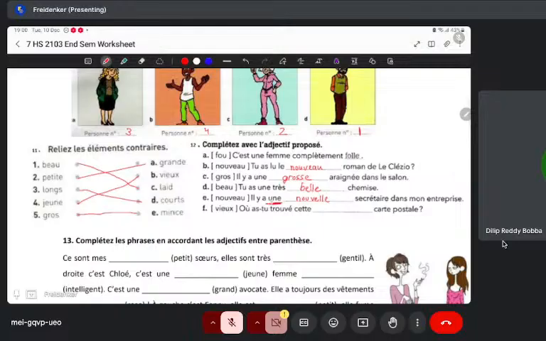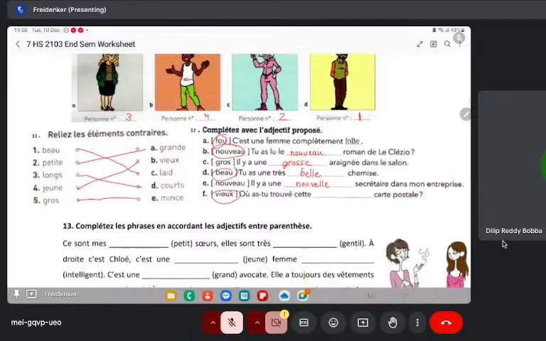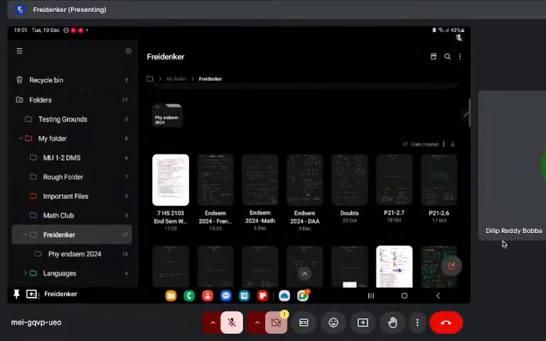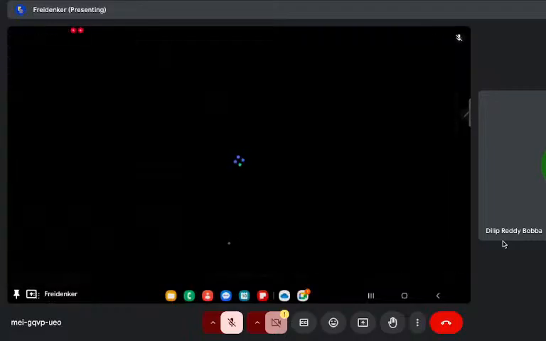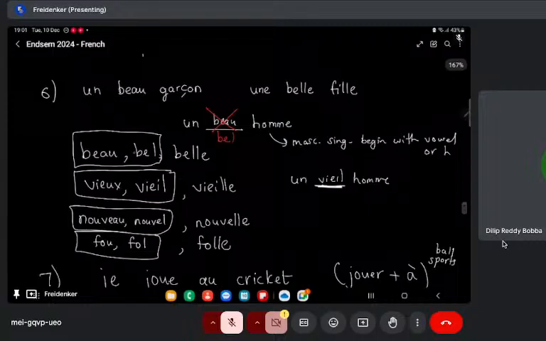I mean, see, fou, nouveau, beau, vieux. They're all from this part, right? It's like they're targeting you at this point. Where is this? Here. Like I told you that these come really. Like literally these four things came.